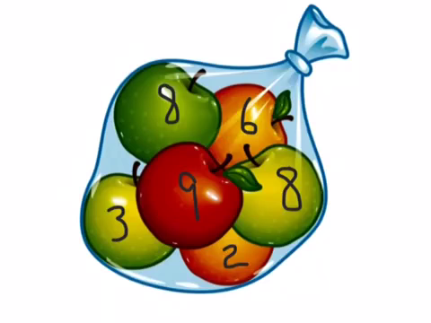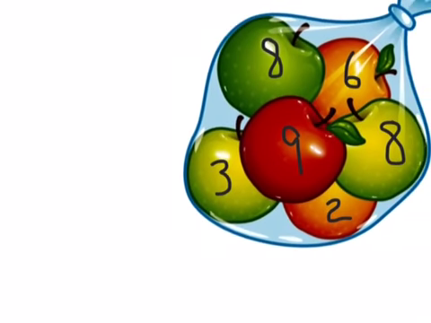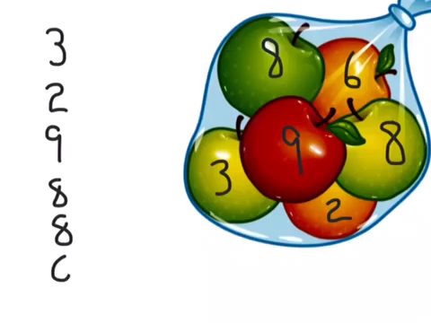Now the next step is to calculate the mean. So why don't we just do this? I'll list them here. We've got 3, 2, 9, 8, 8, and 6. So I'll calculate the mean, and I do that by adding them up and dividing by how many I have.